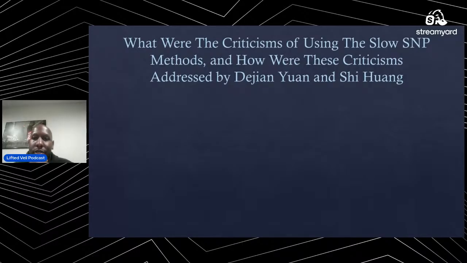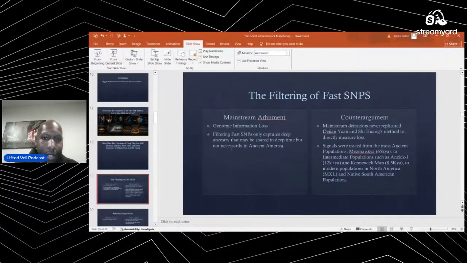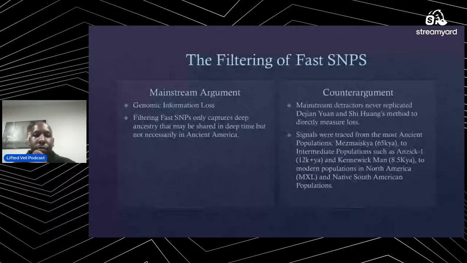What were the criticisms of using the fast SNP methods, and how were these criticisms addressed by Dejian, Yuan, and Huang? Criticizing the filtering of fast SNPs.